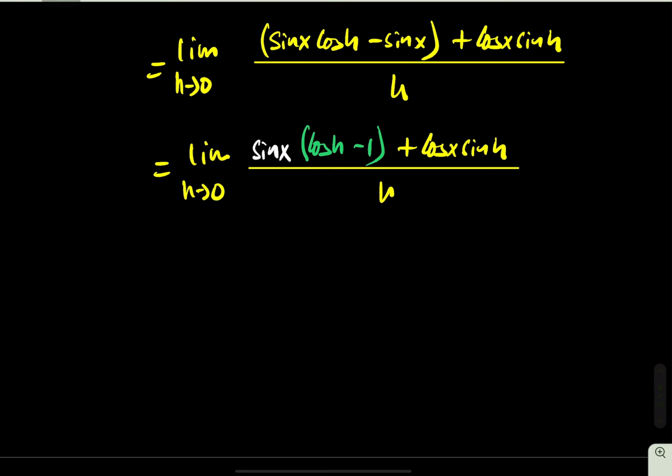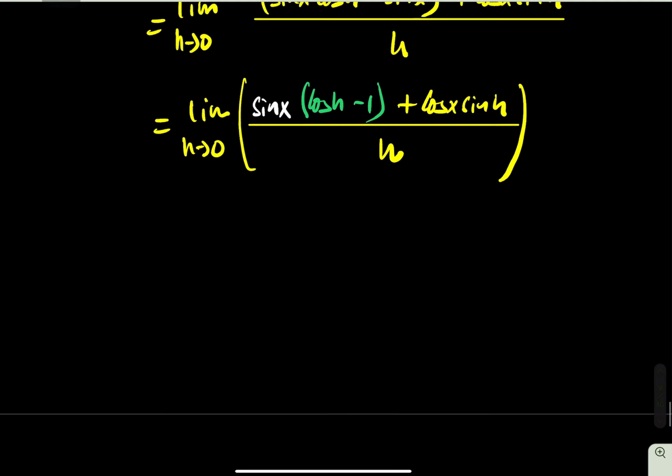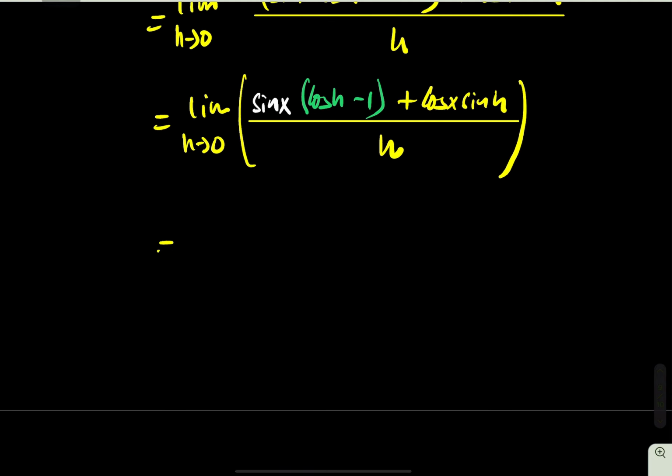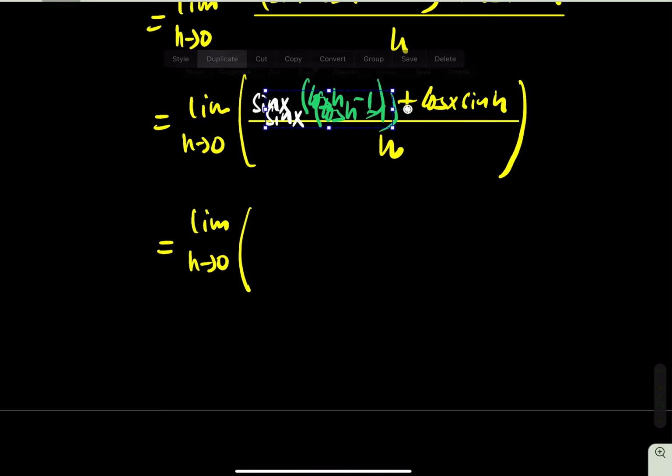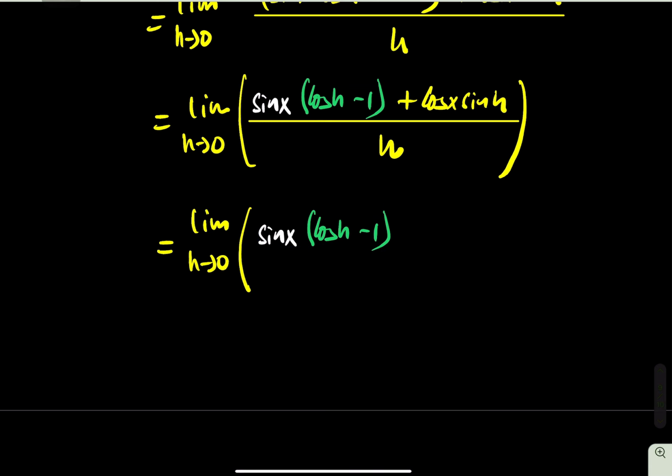We are almost done. That is my function. What do we get? We get the limit as h tends to 0 of this part divided by h plus this particular term divided by h.